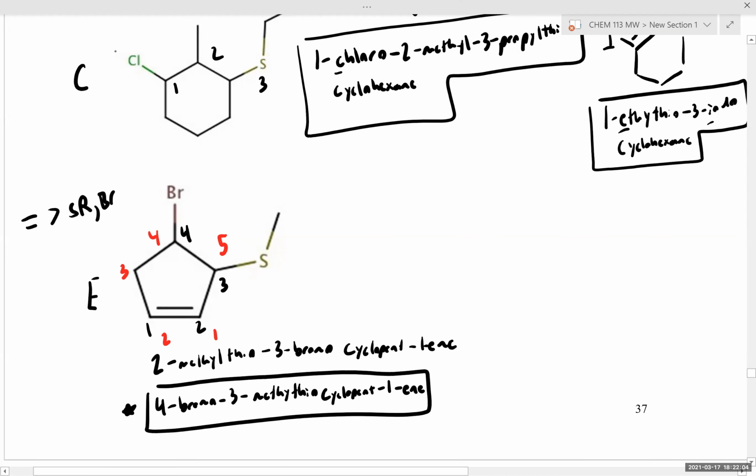Does everyone have a better sense of priority for different groups? And does everyone get a sense of the priority for alkyl thio groups and alkenes, as well as halogens and alkyl groups? Does this idea make sense to everyone?